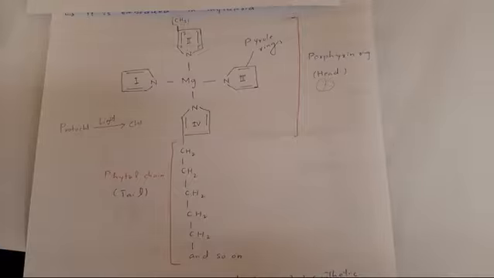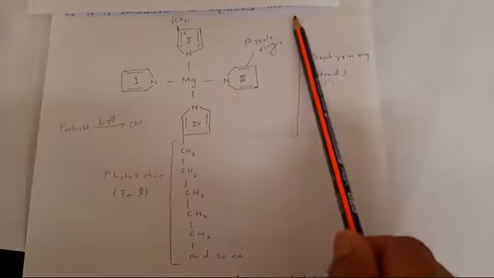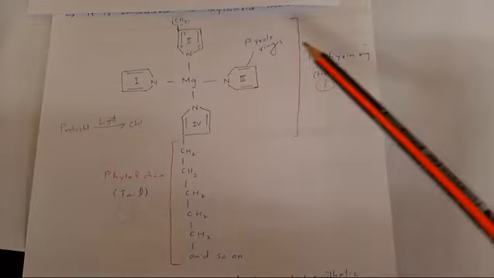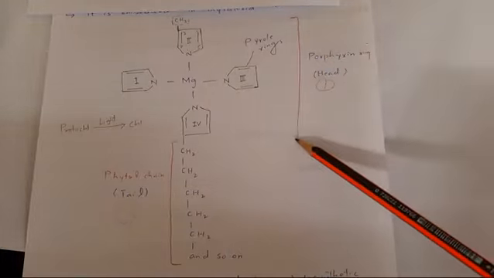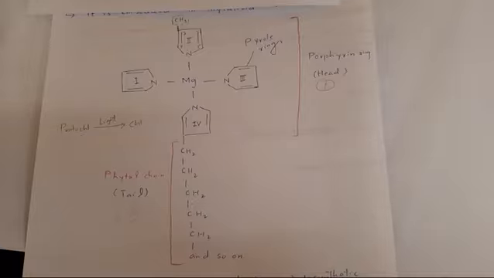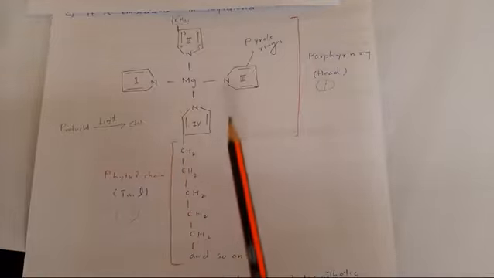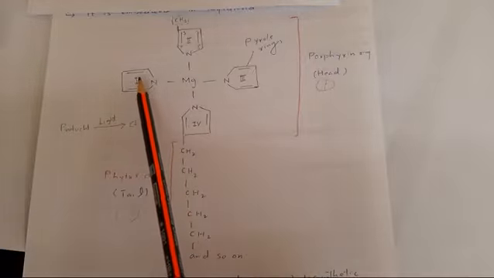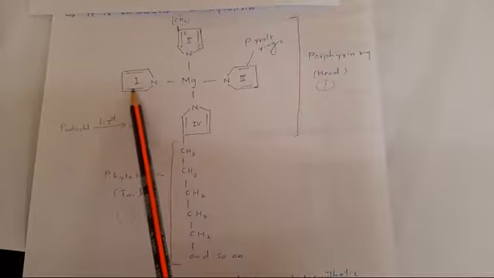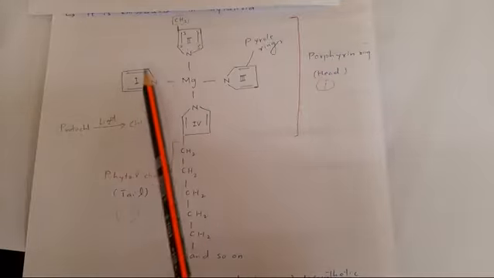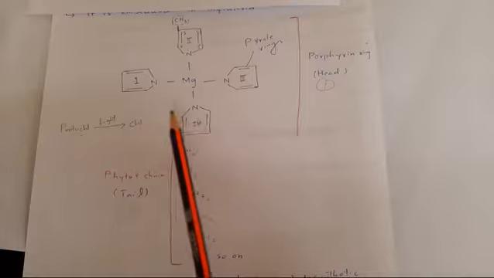What is the head? If you look at the structure, the head is from here to this point. The head consists of four pyrrole rings: 1, 2, 3, 4.